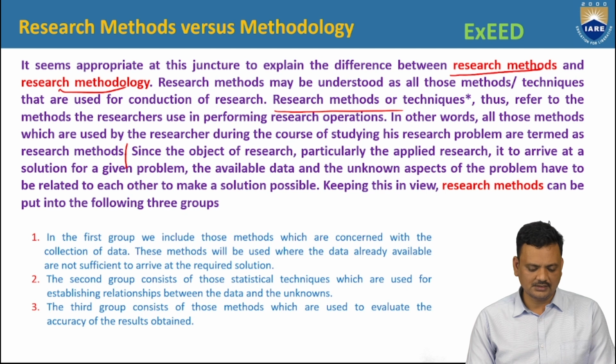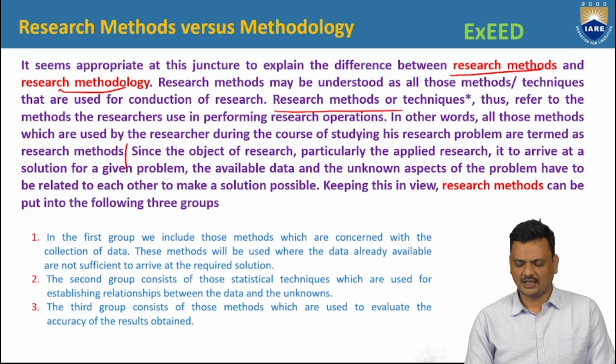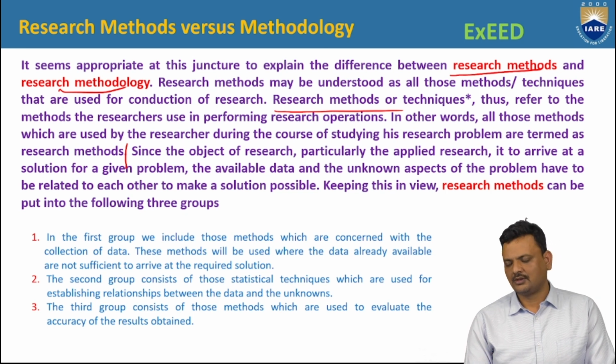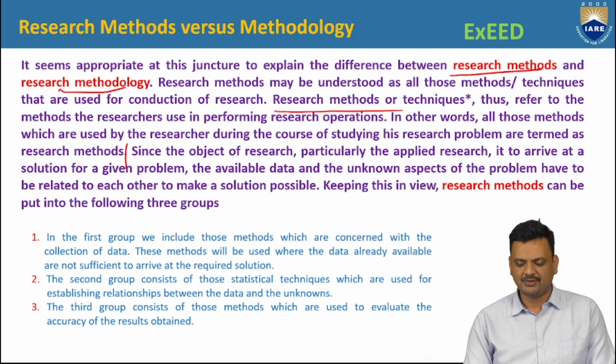And the third group consists of those methods which are used to evaluate the accuracy of the results obtained. Whatever is written here is correct. I am going to give the difference between what is research method and what is research methodology in a very brief manner.